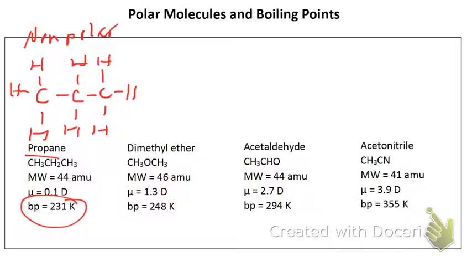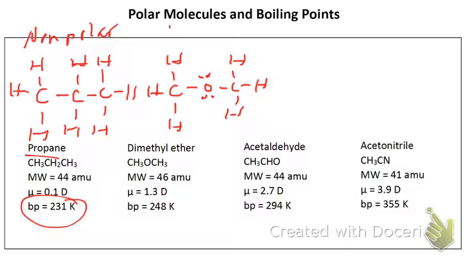All right, so let's look at dimethyl ether. That's going to have C, H, H, H, and then an O in the middle, and then a C, H, H, and H. Now there are some lone pairs on this oxygen, and those lone pairs make this a bent molecule.